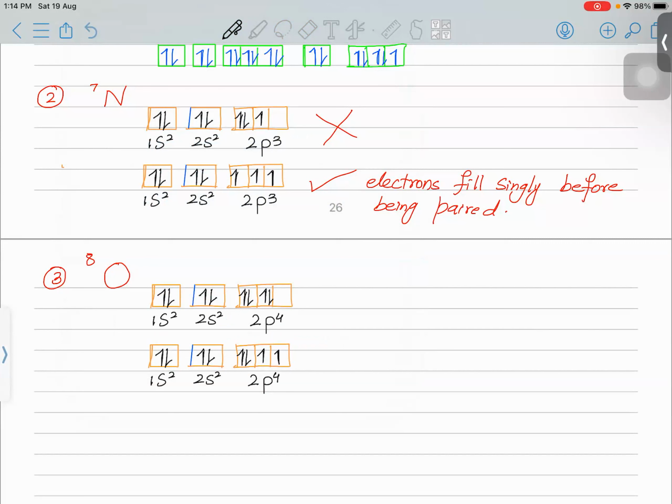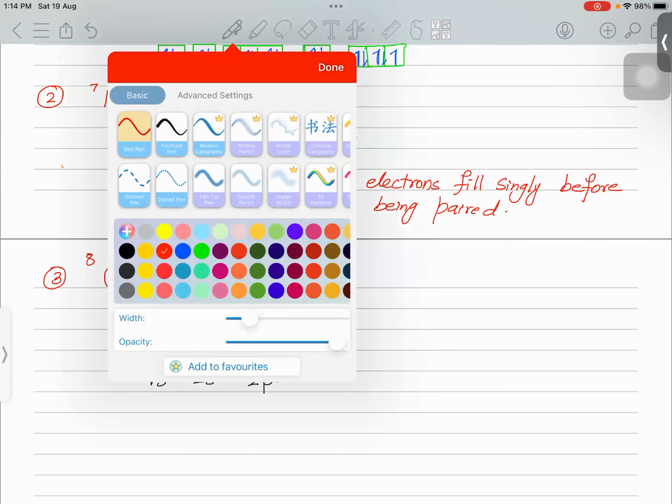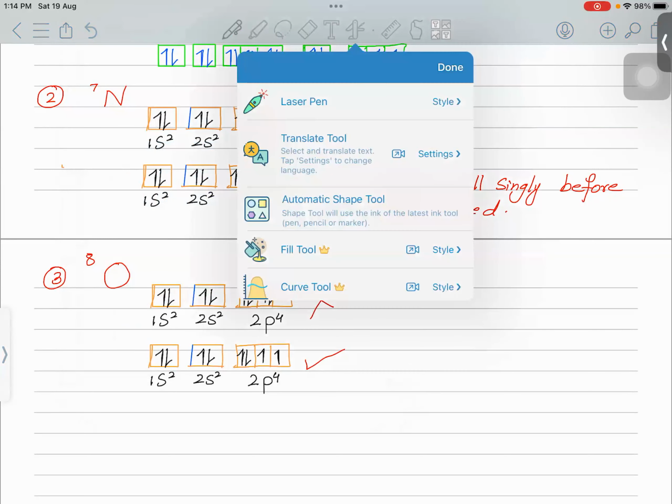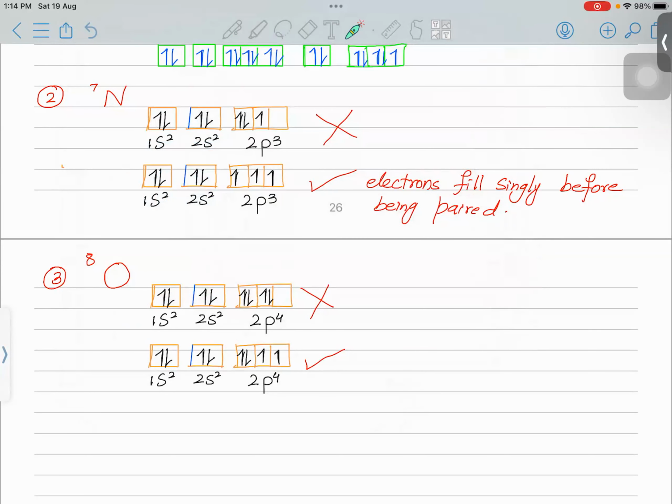It's going to be the second one, right? Second one is correct because first fill then this one, and then this one. That's why this is correct.